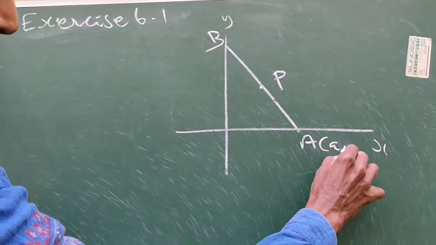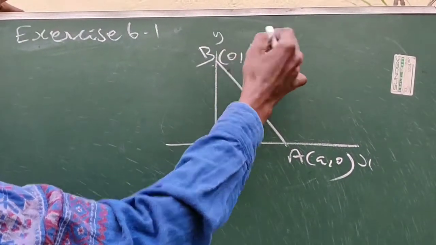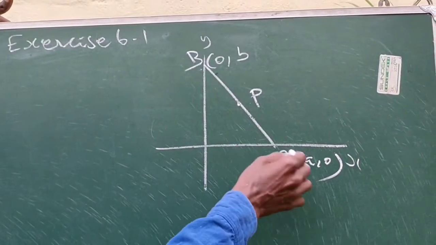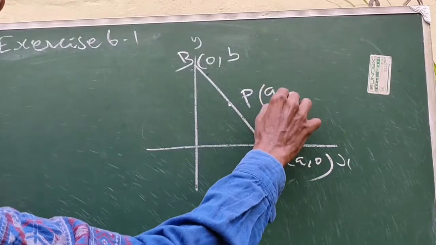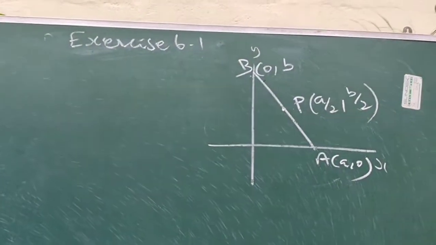A is on the x axis, let me consider it as A comma 0. B is on the y axis, we can consider it as 0 comma B. So obviously, what is the midpoint formula? It is A by 2 comma B by 2. I am writing directly.